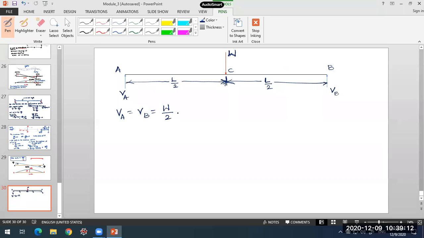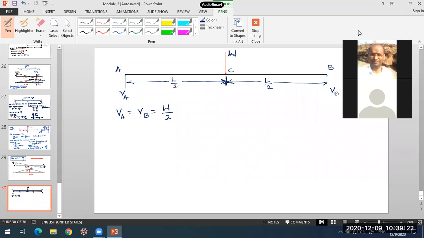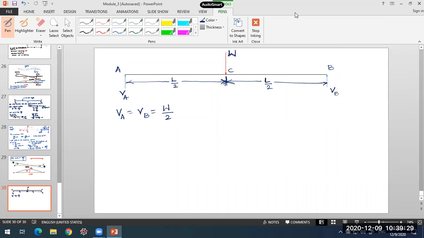Only in such cases, if you are not sure, apply the conditions of equilibrium and find the two support reactions. Now try calculating the shear force values, and then go for finding the maximum bending moment value.